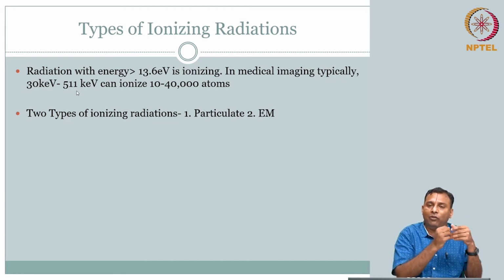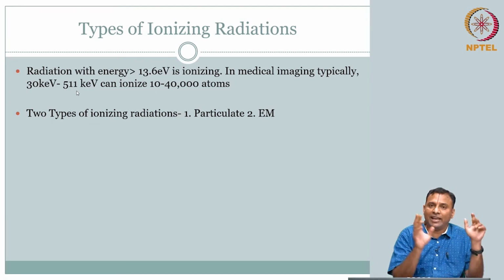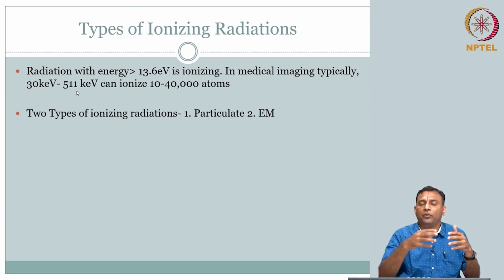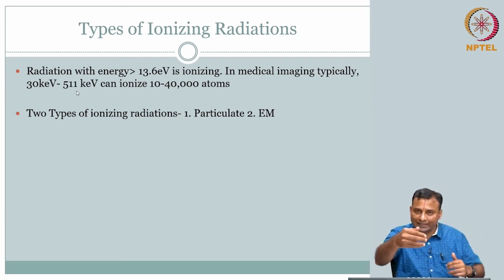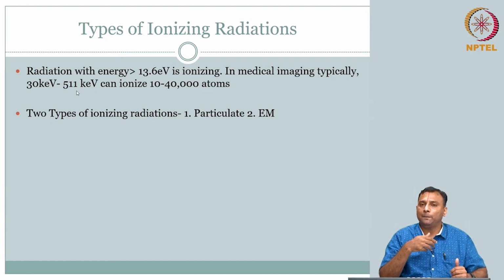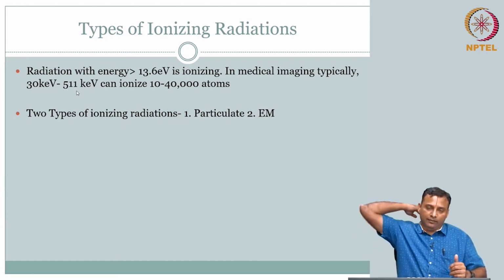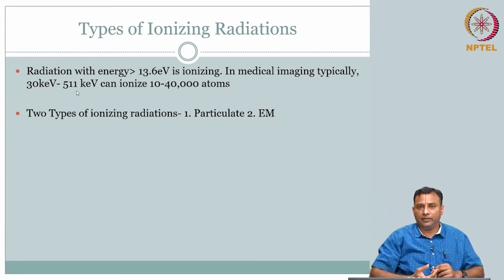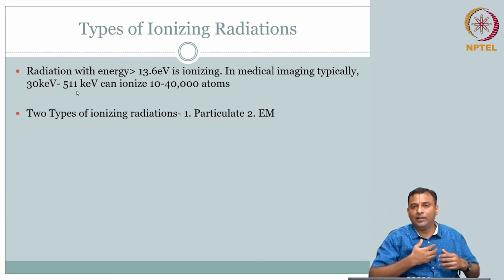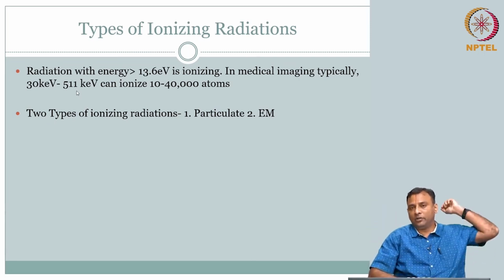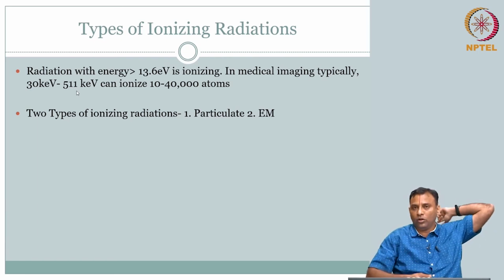So, in some sense you are creating X-ray energy, and in the modality, we want to use that as a probing signal. We want to send X-ray energy through the body, see how it interacts with the body, and detect whatever is coming through on the other side.